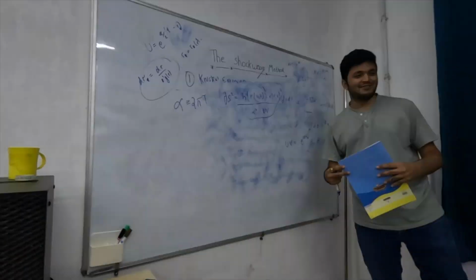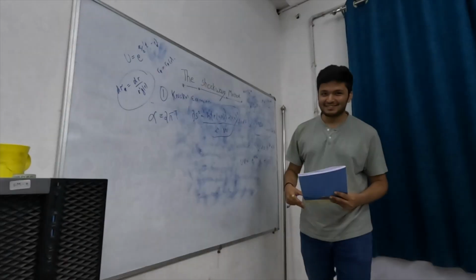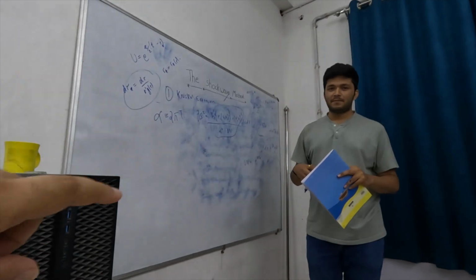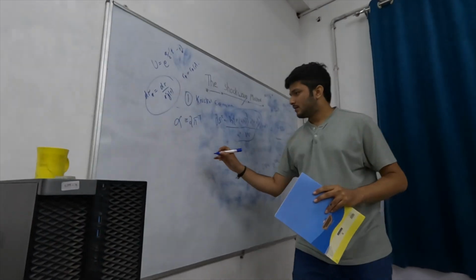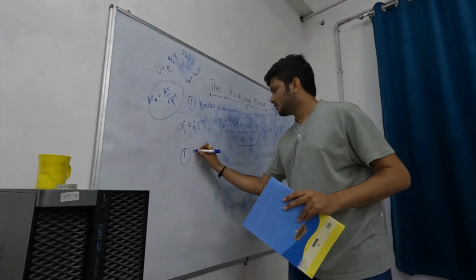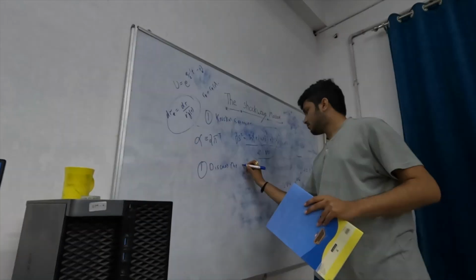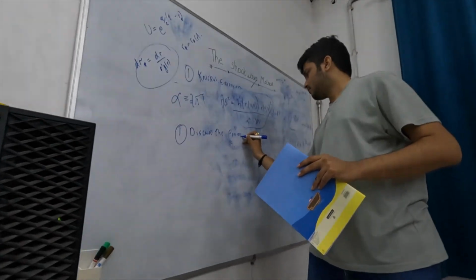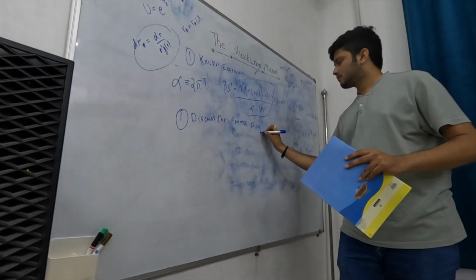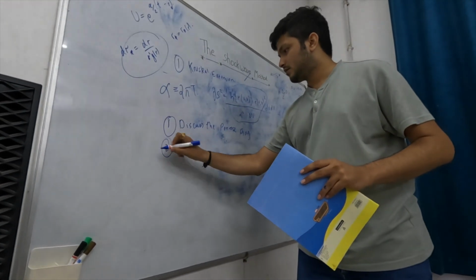Okay, then we'll stop. So the plan. Just write down the plan for the next talk, like what we'll do. Discuss the Penrose diagram.